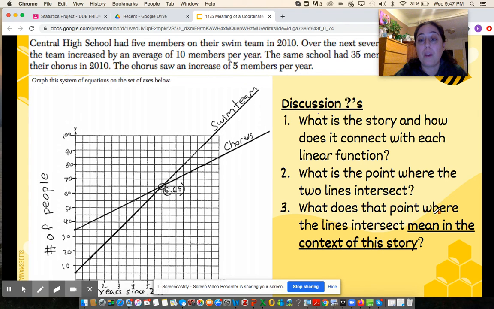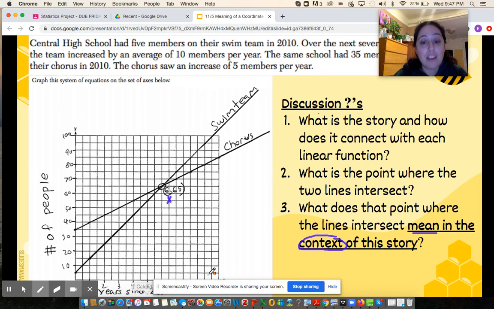What does the point where the lines intersect mean in the context of the story? Look out for that word, right? When they want to know the context of the story, they don't want just 6 and 65. They want to know, hey, what does this 6 mean in the story about Central High School, right? And so 6 is, hopefully you remember, the X value.